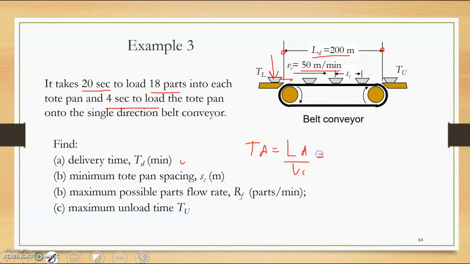This will be 200 meters over 50 meters per minute, which is equal to 4 minutes. So it will take 4 minutes for the tote pan to move from the loading station to the unloading station.